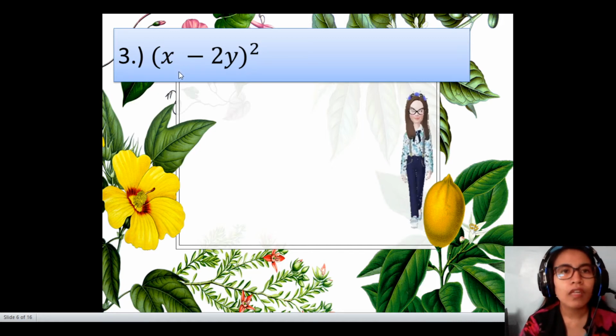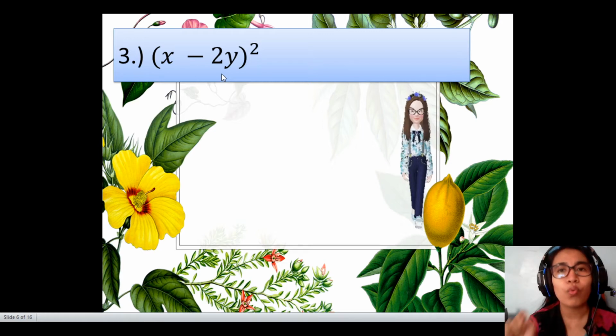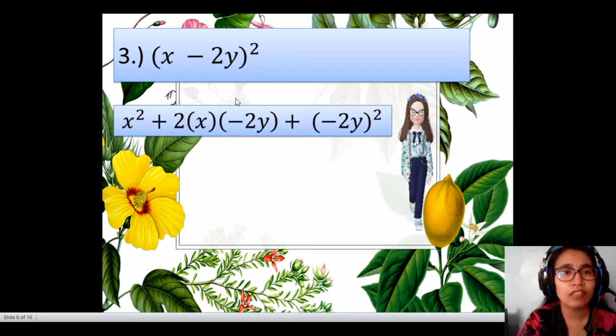Then after that, you will multiply the x minus 2y, then multiply it again to 2, always for your second term or middle term of the final answer. Then for the last term, you will have negative 2y squared. Again, put it in a parenthesis because it has a numerical coefficient. So you're not going to get confused. So this is the solution.